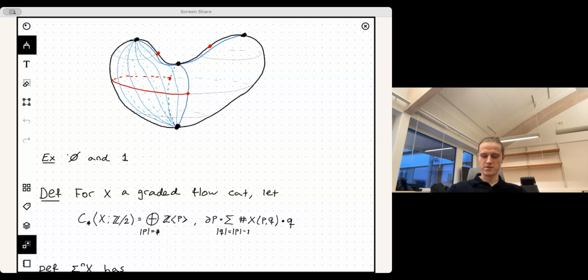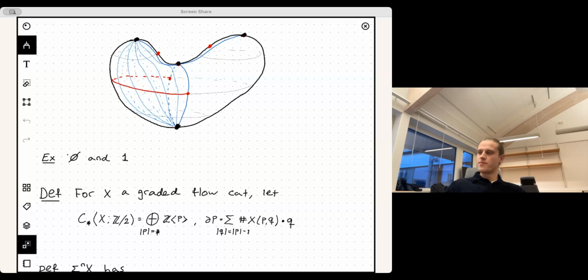And then you can define a differential, which follows the normal setup in Morse theory by counting over the 0-dimensional moduli spaces. So when you have this equation down here, X_PQ is going to be a 0-dimensional manifold, and you can count the number of points mod 2. And for this formula to make sense, you really want this compactness property, because if not, then you might have some infinite sum here, and that's bad. So that's why we have this compactness.